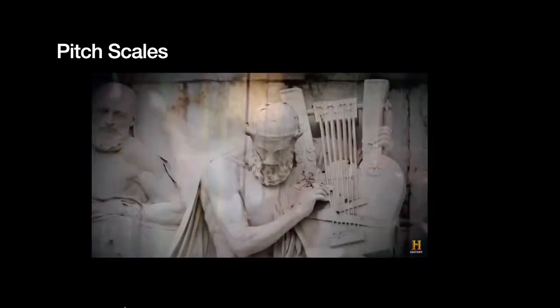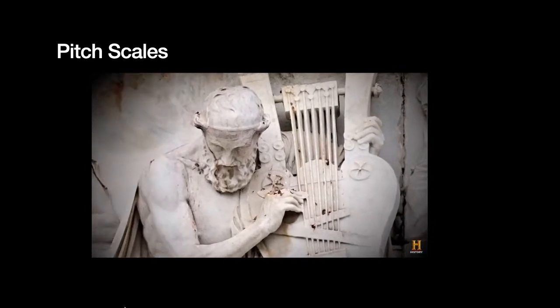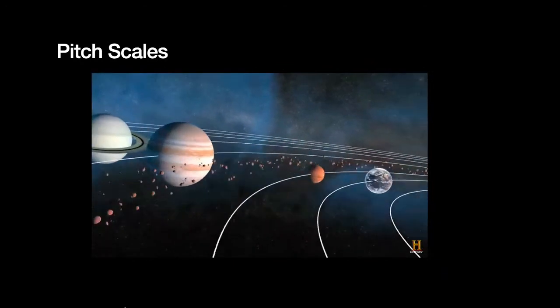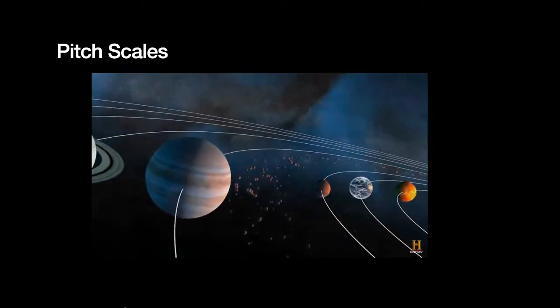Pythagoras thought of the universe as operating as a harmonious whole, which he compared to a lyre, an instrument that is a little bit like the modern harp in that it has different strings. Each string vibrates at a different frequency, producing a different sound. He thought that each planet in the solar system vibrated at its own unique frequency and produced what he called the music of the spheres.